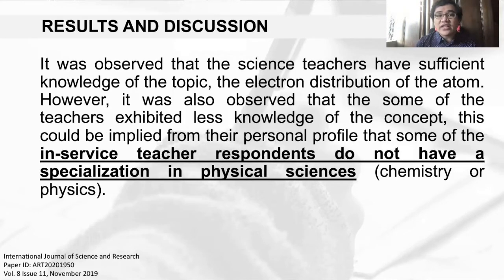It is observed that the in-service teachers have enough knowledge of the topic of electron distribution of atoms since they have been teaching it. However, it was also observed that some of the teachers exhibited less knowledge of the concept. This could be implied from their personal profile, that some of the in-service teachers who are respondents are not actually specialized in physical sciences like chemistry or physics.